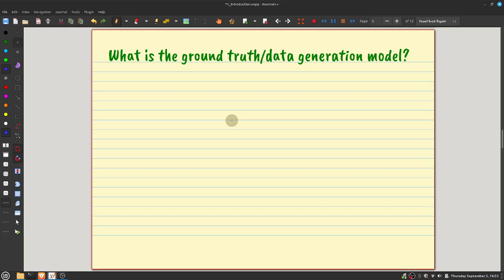Okay, so we know what the input is going to be. We know what the output has to be. But how is the data actually going to be generated? Now is the point where we'll have to make certain assumptions. So essentially, what is the ground truth?